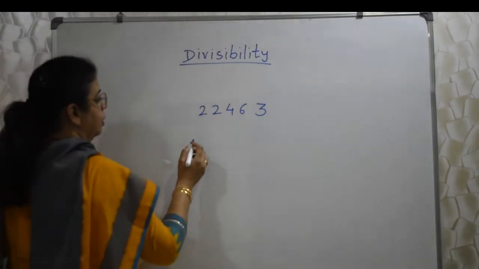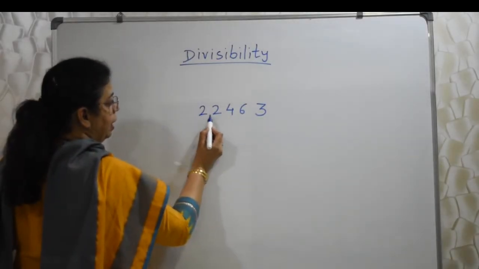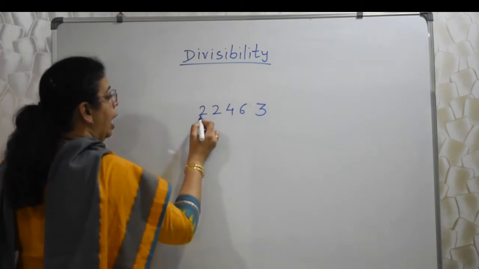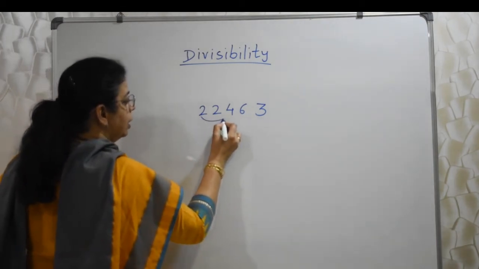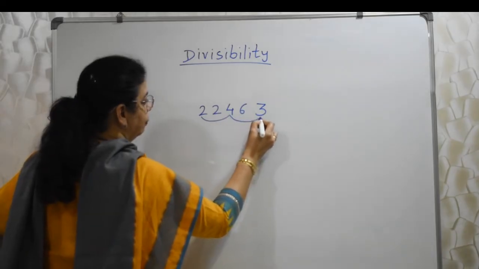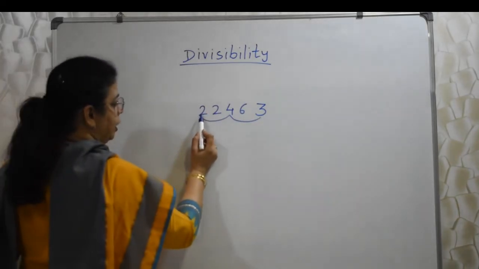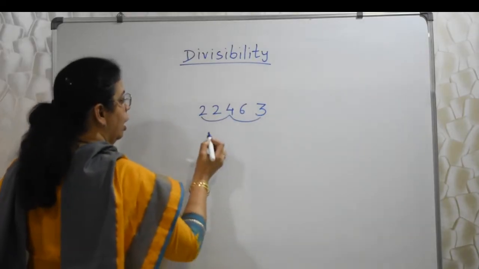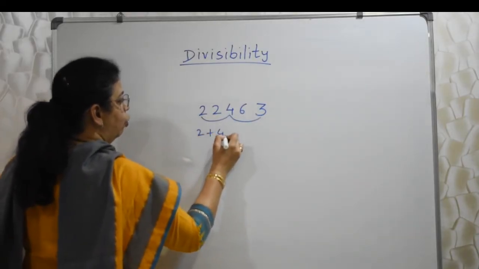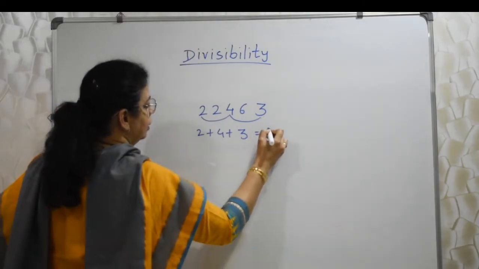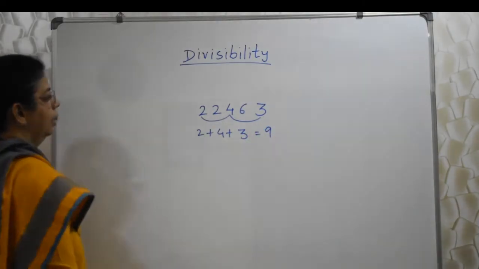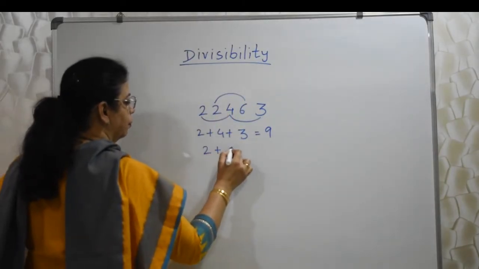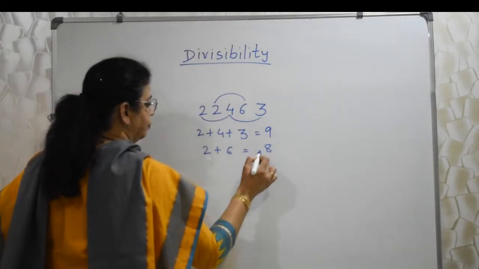How to find out? See, this is first place, second place, third place, fourth place, fifth place, okay. Add all the digits in the odd places first. Odd means the digit at the first place, the third place, the fifth place, and so on. Add. So 2 plus 4 plus 3, that is 9, right? Now add the digits at the even places, that is 8.